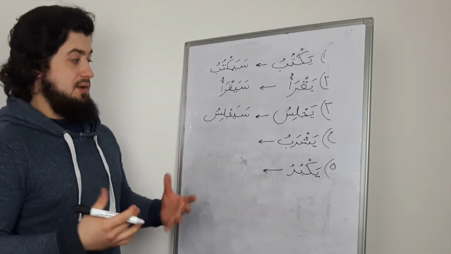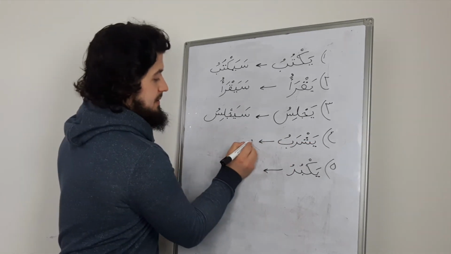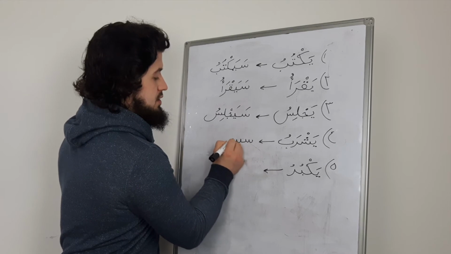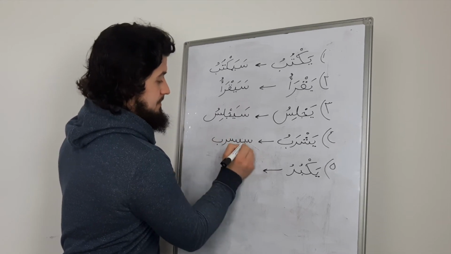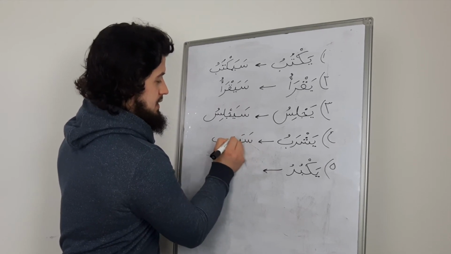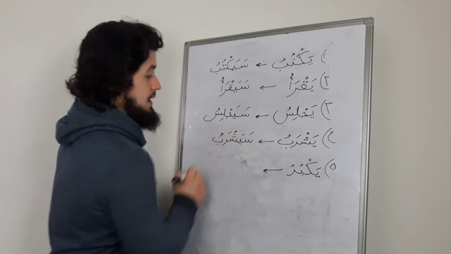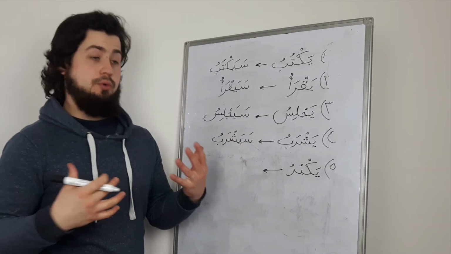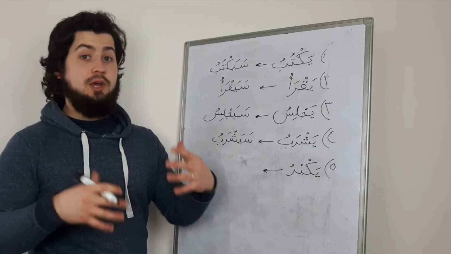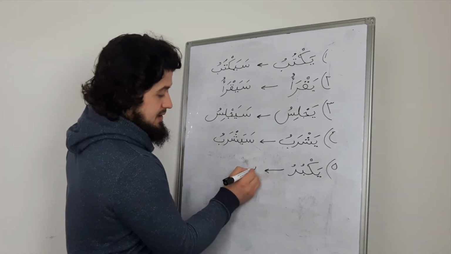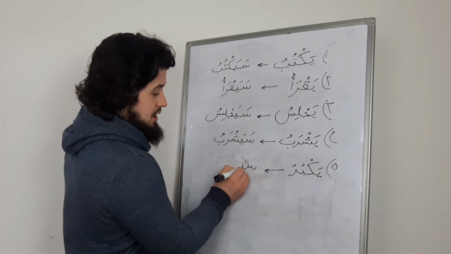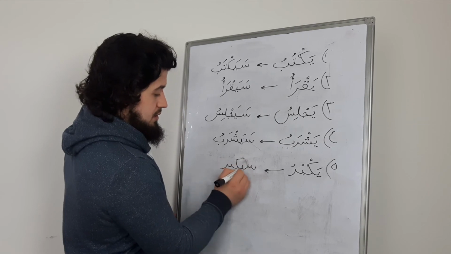Yashrabu means he drinks, so he will drink: sayashrabu. And then lastly, yakburu, he grows or he gets bigger. He will grow or he will get bigger will be just sayakburu.